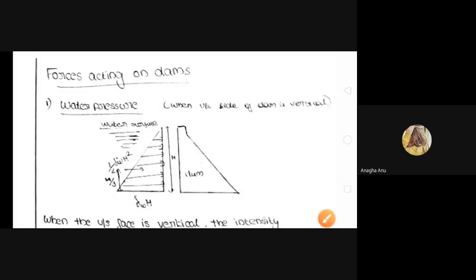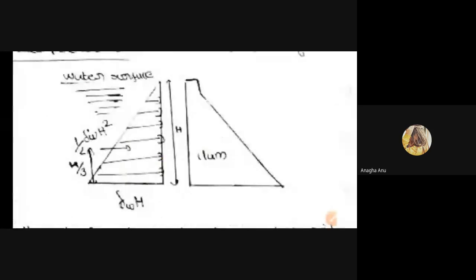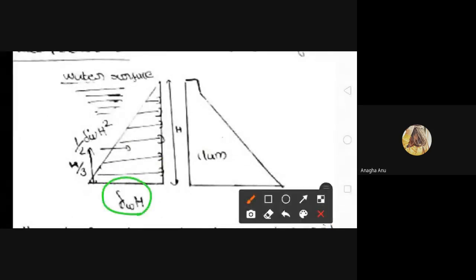And the water pressure acting on the bottom of the dam will be equal to gamma W into H. Once again, the water pressure acting on the top of the dam is 0 and the water pressure acting on the bottom of this dam is gamma W into H, where gamma W is the unit weight of water and H is the height of the upstream face.